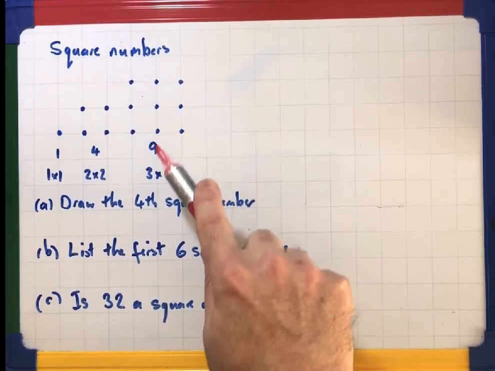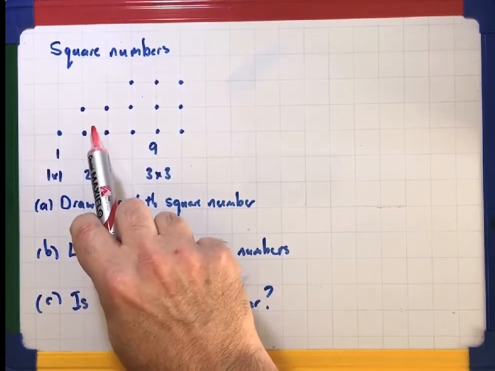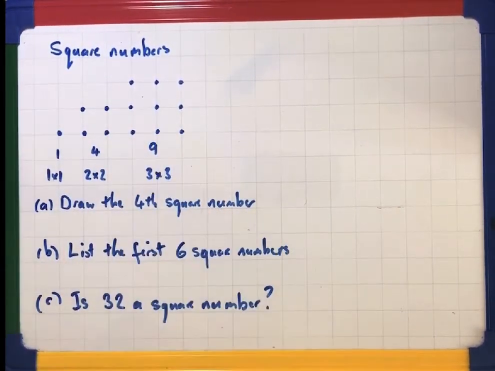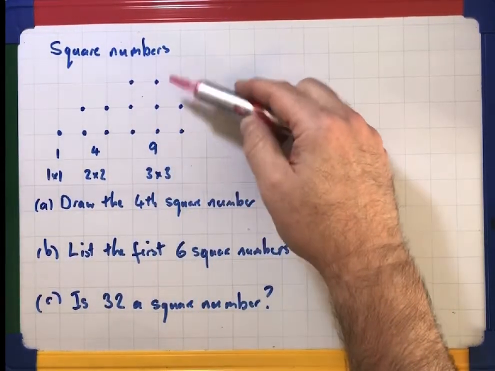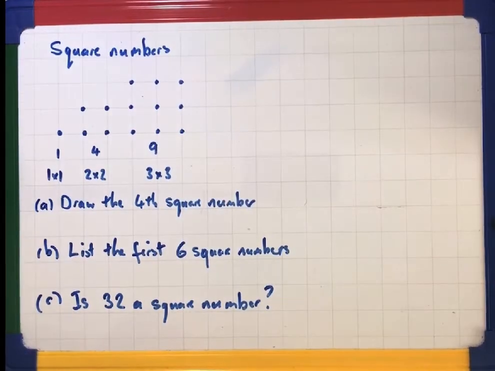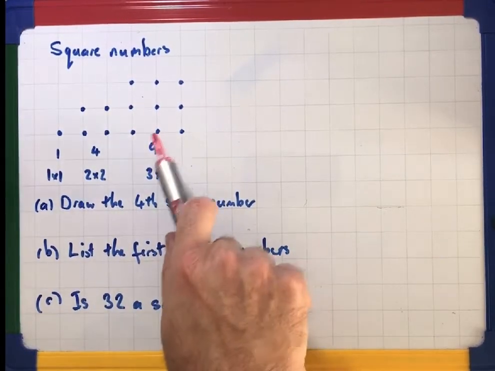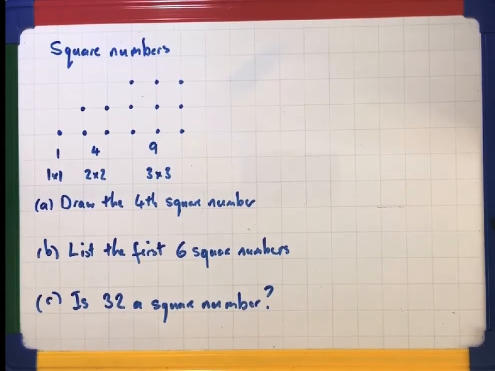If you look at this next one, so that would be the first square number. That would be the second square number. This is the third square number. See, if I'm doing it out of dots, it's going to be 3 by 3, which is 9. So that would be 9, the third square number. Draw the fourth one, it says.